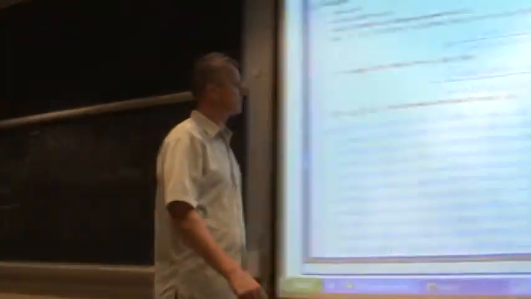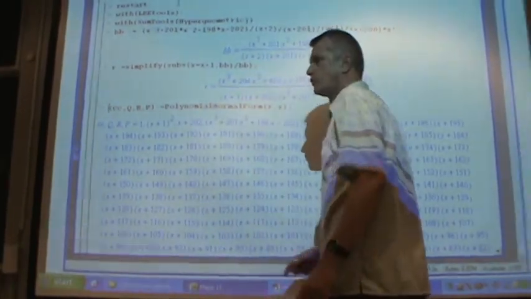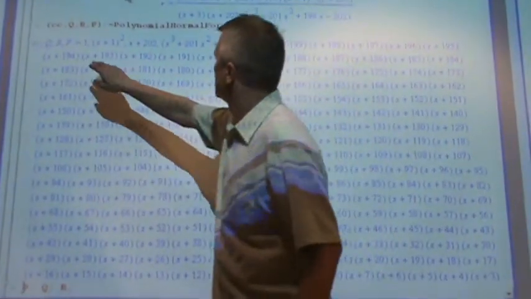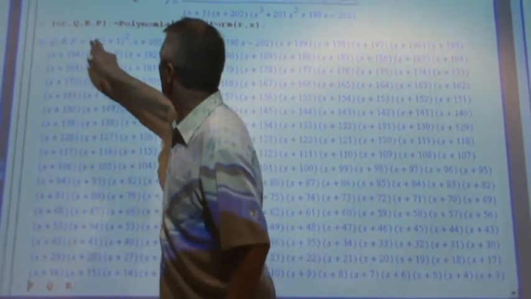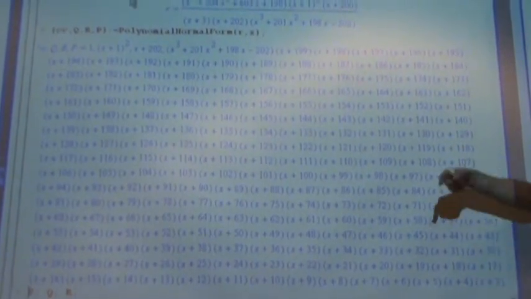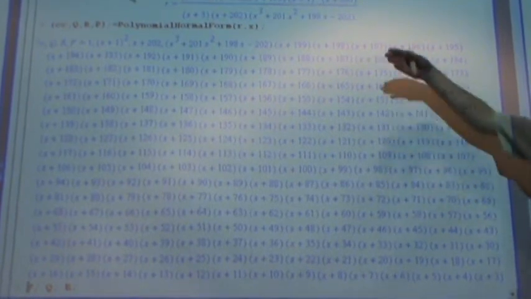We write it in a special form, the Gosper-Petkovsek form. Here is the Gosper-Petkovsek form for this particular input. It has constant 1 and polynomials of second degree, linear, and one of, I believe, 200 or 201. So this is a step of the Gosper algorithm, and we got this.